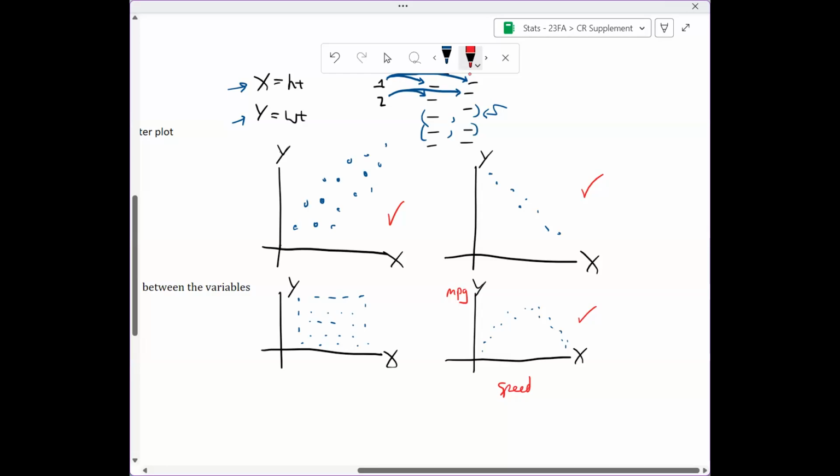But if we look at the bottom left example here, for the overall X's, my overall Y's span about that much, right?